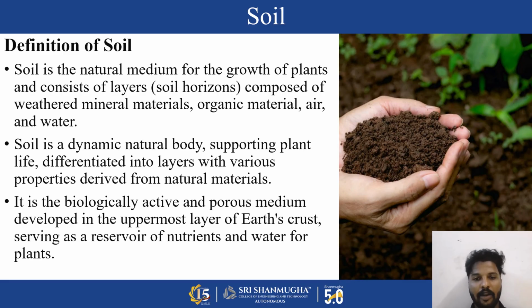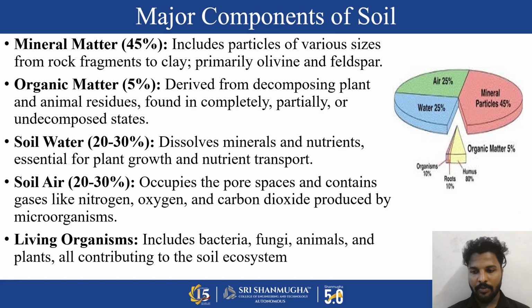Yes, soil is a biologically active and porous medium found in Earth's upper crust. This activity is crucial for nutrient cycling. So, soil serves as an essential reservoir of nutrients and water for plants. In next slide, we're going to see what are the different components of the soil.